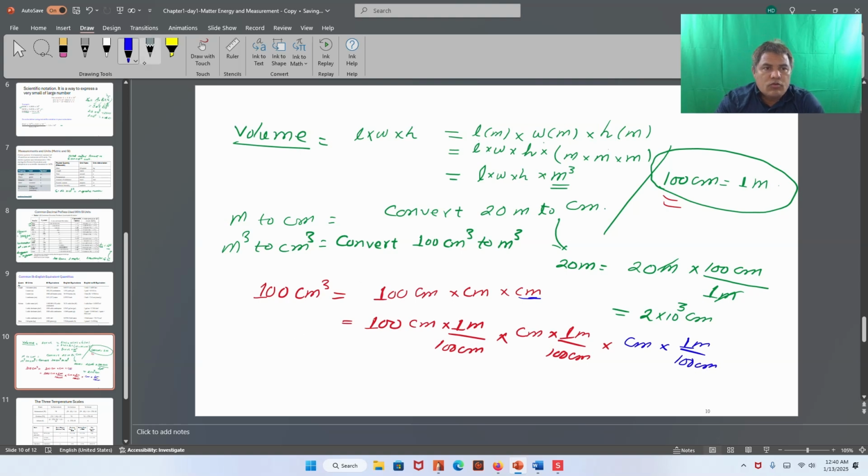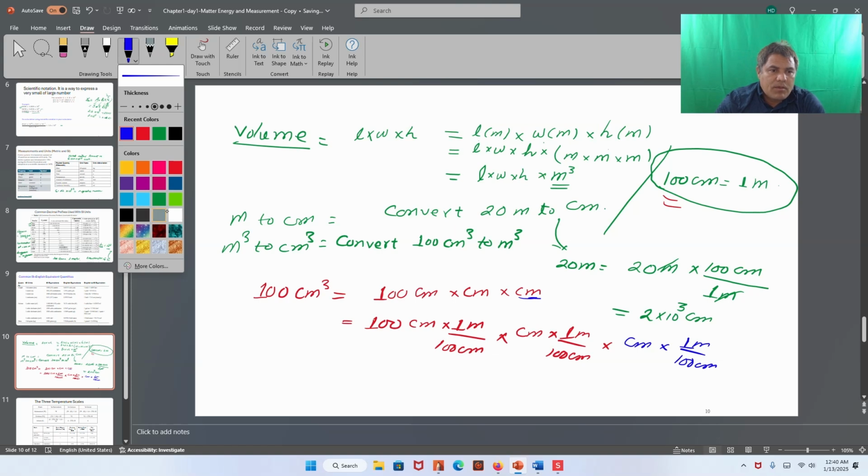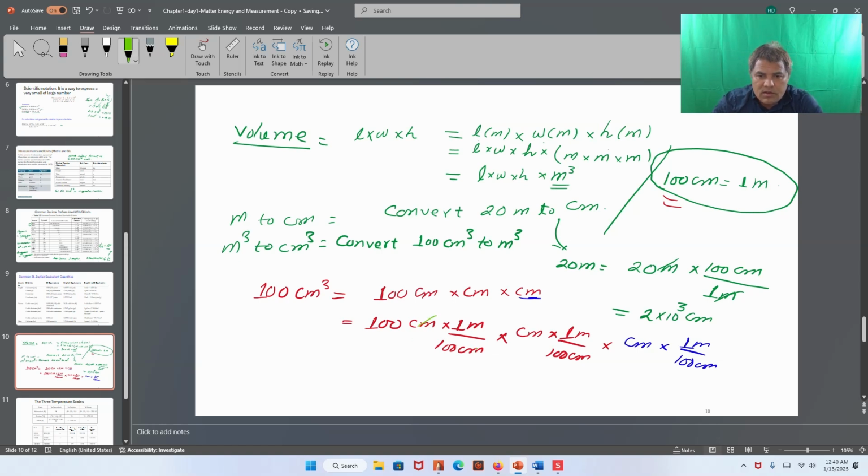If you do so, now let me use the green color, centimeter cancels centimeter, centimeter cancels centimeter, centimeter cancels centimeter. Left behind is 100.